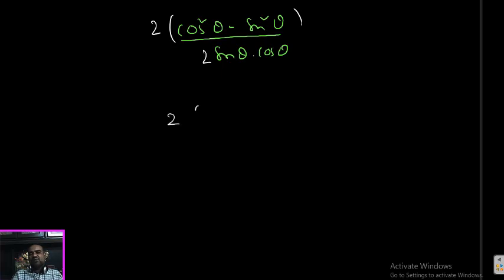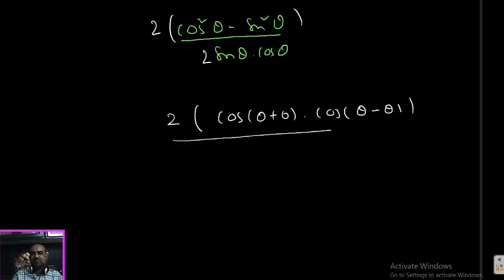2 into cos square a minus sin square b means cos of a plus b into cos of a minus b. Plus 2 sin a cos b means sin of a plus b plus sin of a minus b.